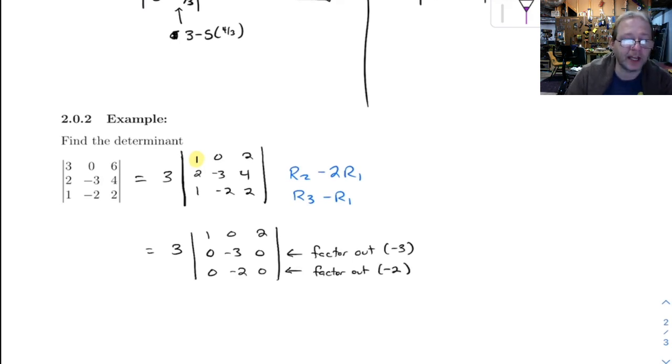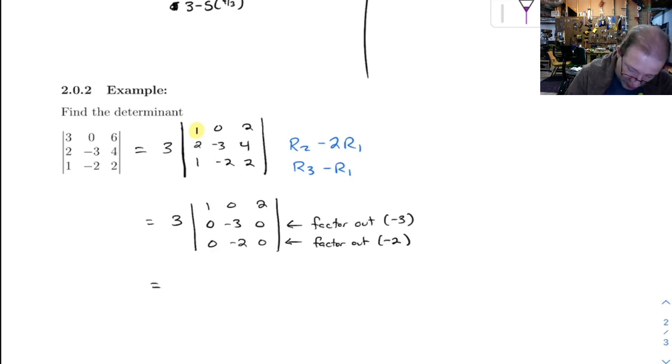I'm going to factor out the negatives on both of those. So I get a 3, and I've got to multiply it by negative 3 and negative 2. That gives me 0, 1, 0, and 0, 1, 0.